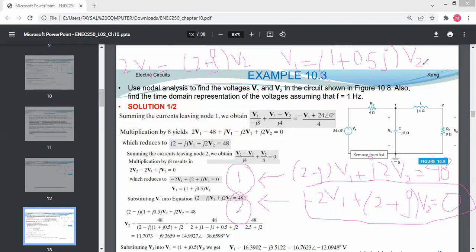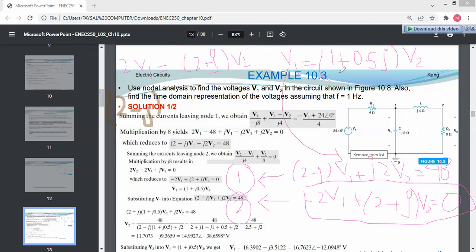So this is the value of v1 for my system. After this, I have to put this value of v1 in my equation 1. Okay, so I have to erase some parts. So it will be 2 minus j with the value of v1.